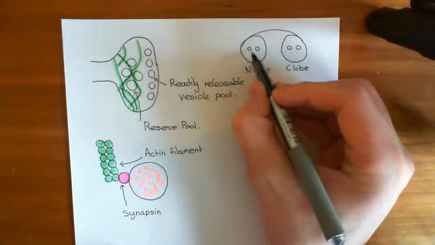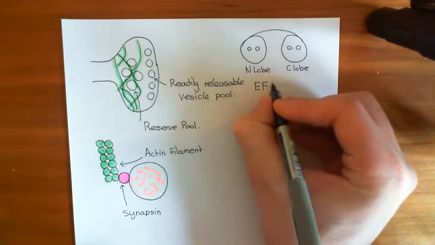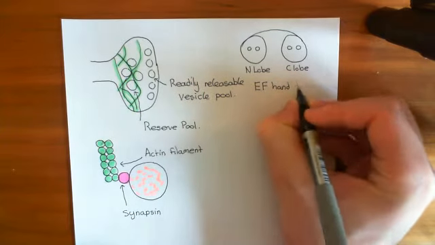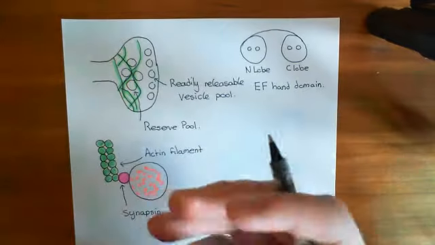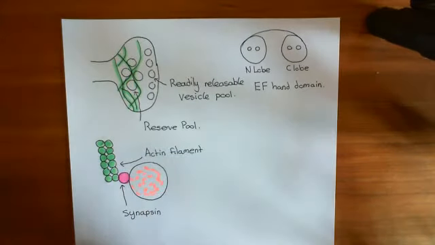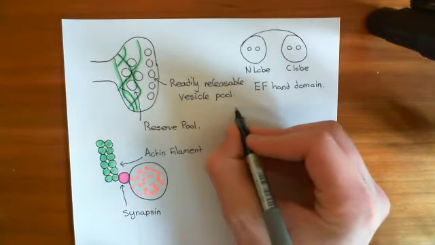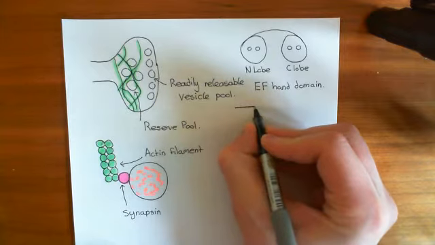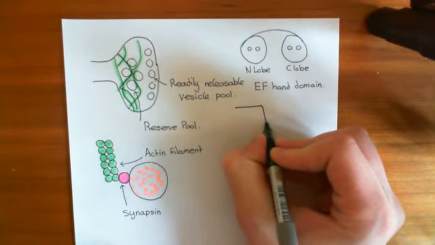Now, these calcium binding sites are what are known as EF hand domains. Now I'll explain to you what an EF hand domain is. An EF hand domain is a proteinaceous structure which is capable of binding to calcium. So if I draw a line to represent a polypeptide, then the structure of an EF hand domain looks kind of like this.